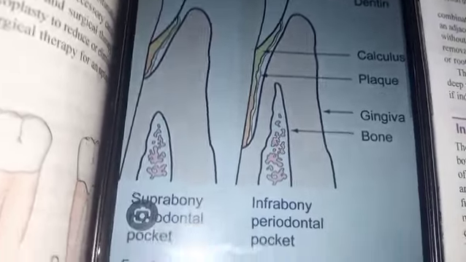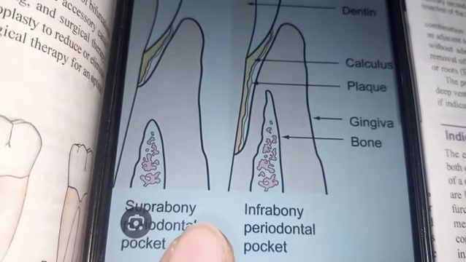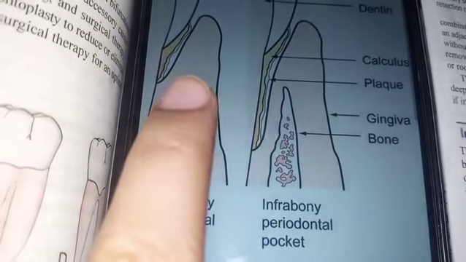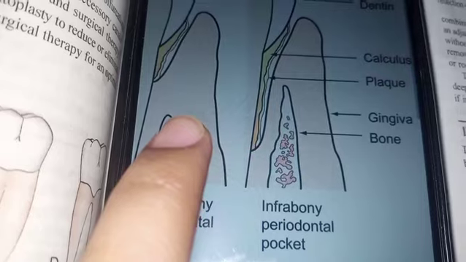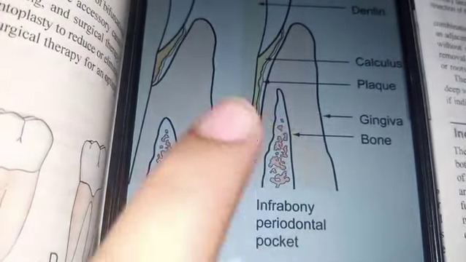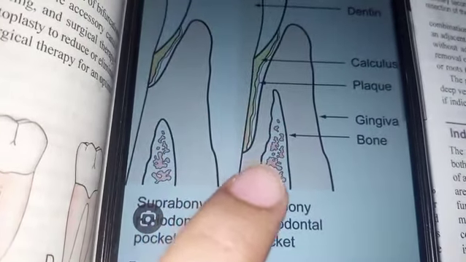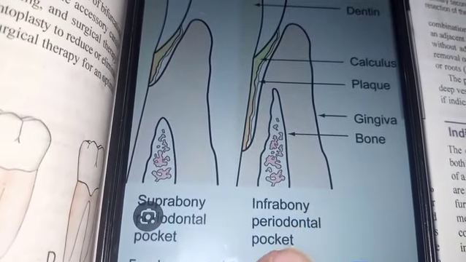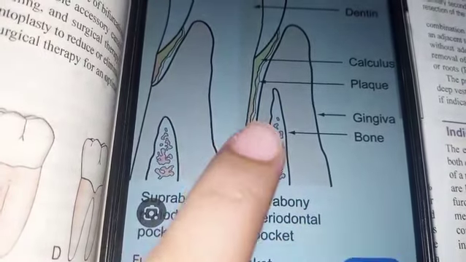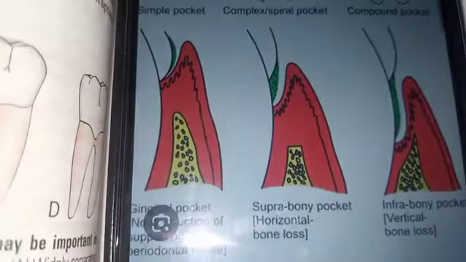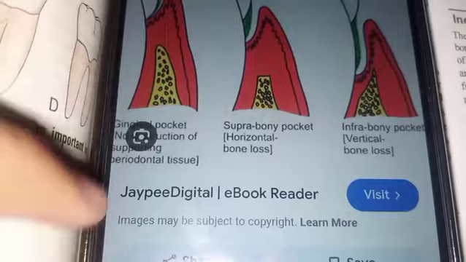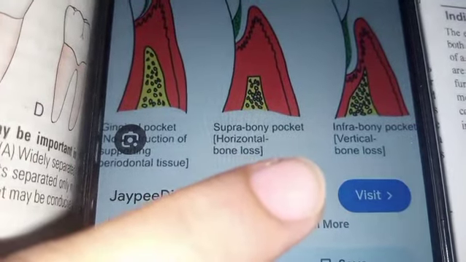It is when the junctional epithelium stays in position and is coronal, but when the junctional epithelium moves apically, it is called an infra-bony periodontal pocket. You can see here, in a supra-bony pocket the bone loss is horizontal, but in an infra-bony pocket the bone loss is vertical.